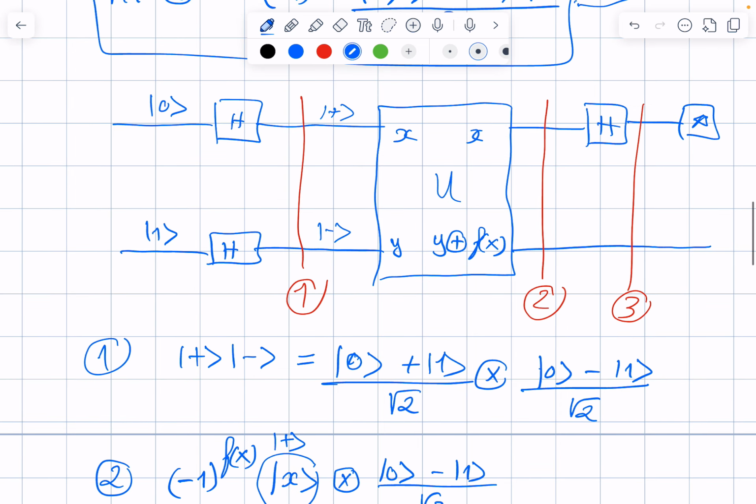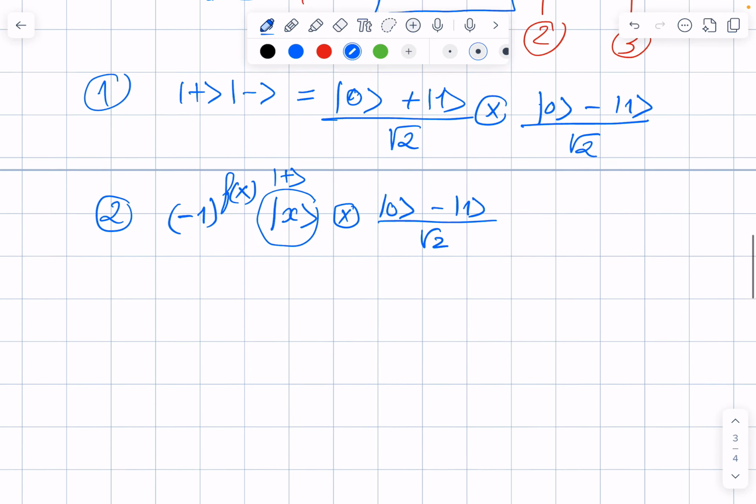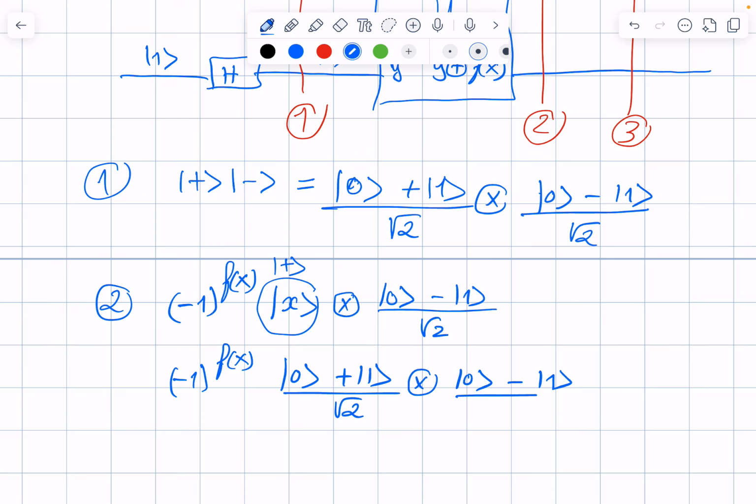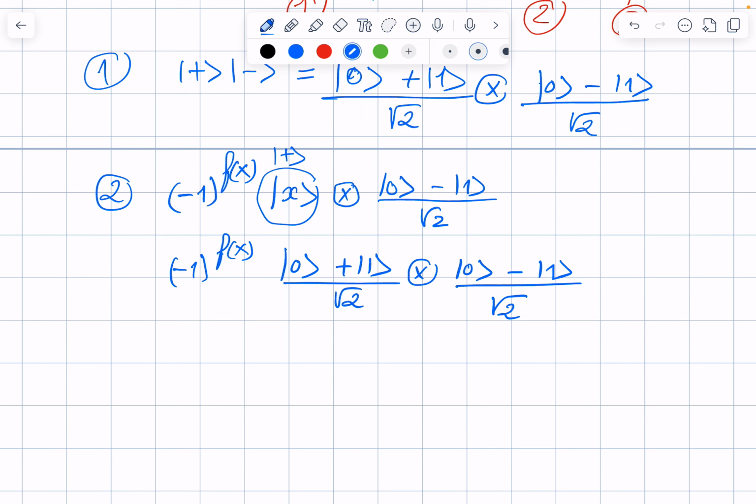On the upper line it was before x, now it is the positive. So now we can say we have minus 1 to the power f of x with the positive, which is 0 plus 1 over square root 2 tensor with 0 minus 1 over square root 2. Correct? Okay, we continue.